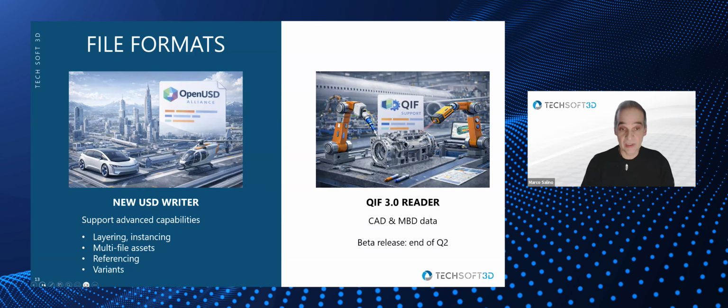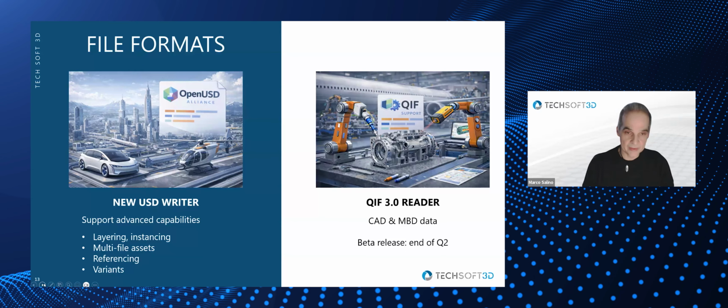USD was conceived to deal with massive models, to work with multi-asset files, where different types of data or different representations of the same data are stored in small files, which makes the transfer of the data needed in a specific context very fast and efficient.